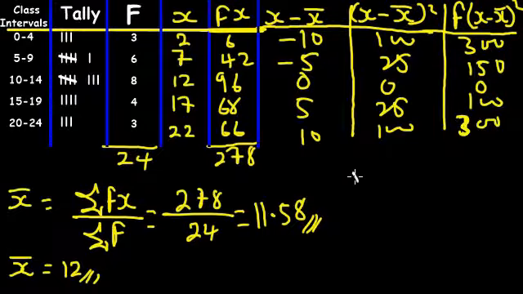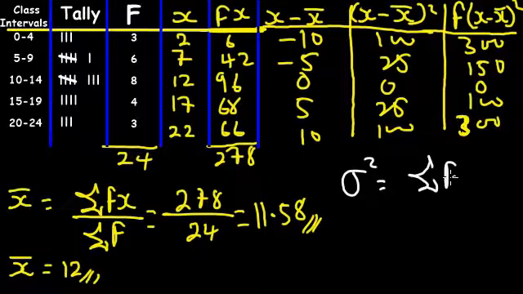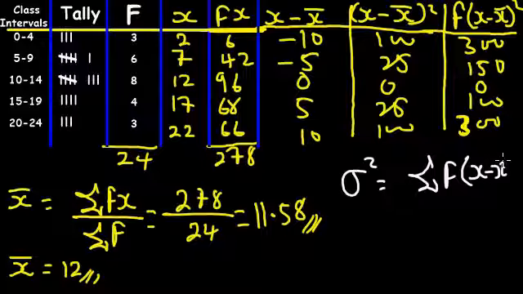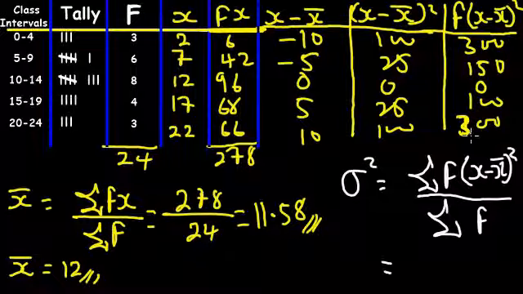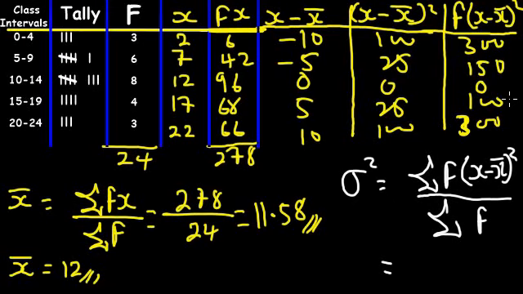Now we can find the sigma squared. We said for grouped data, sigma squared is simply the summation of f times x minus x bar squared, divided by the summation of f. So let's add. The summation of f times x minus x bar squared is 300 plus 150 plus 100 plus 300, so we got 850.